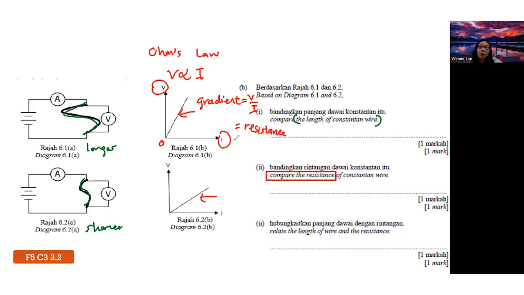You need to think one more step, or else you don't know how to compare. So, which graph has a higher gradient? Steeper. This one, right? So the resistance is higher for this one and lower for this one. So you see, longer length, higher resistance. This is a concept, and if you know the resistance, you can answer this part straight away as well.